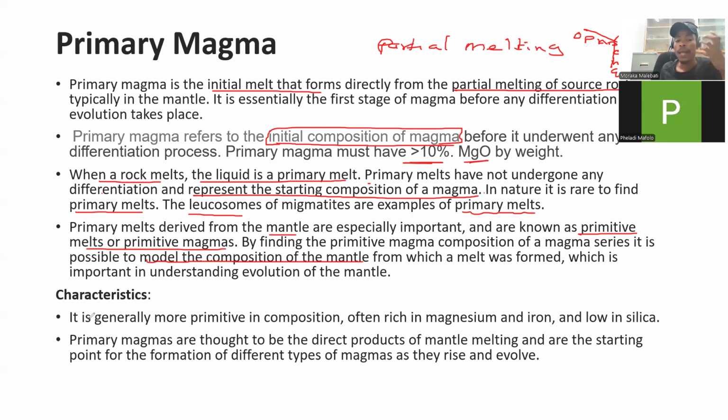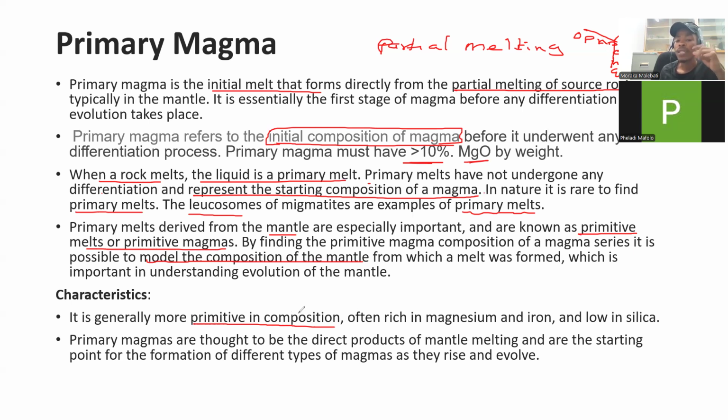Now, the characteristics of the primary magma include being more primitive in composition, meaning the composition of that magma has not evolved. That's why we're saying it's primitive.